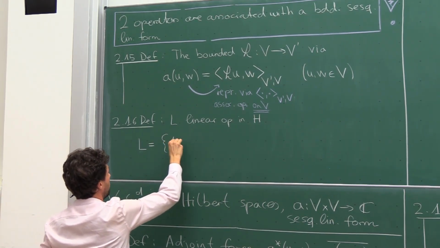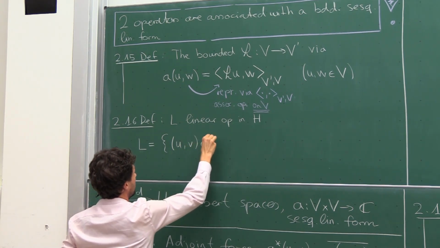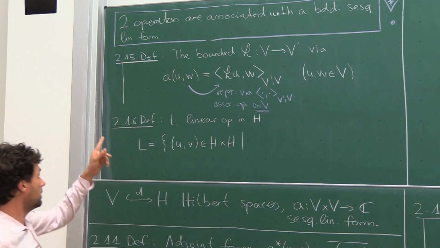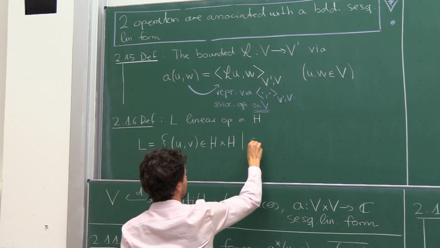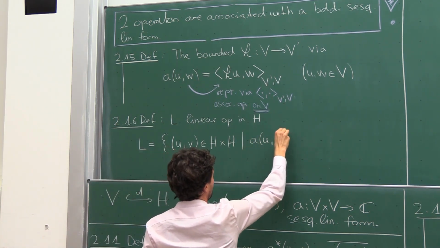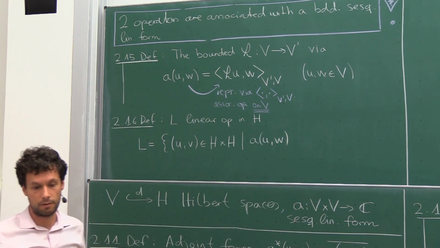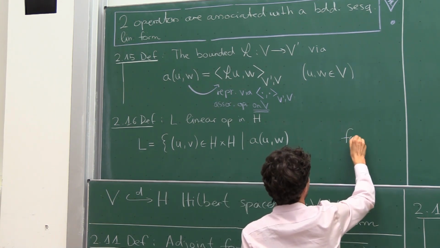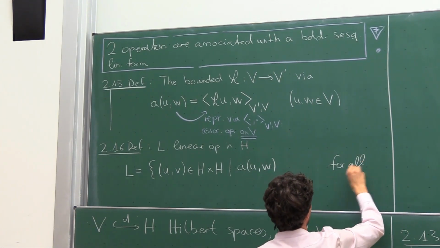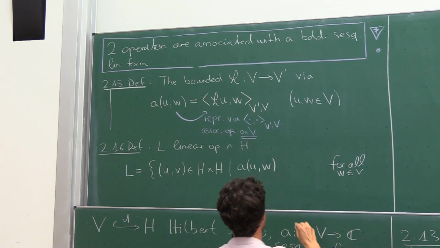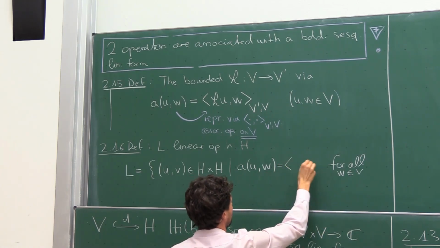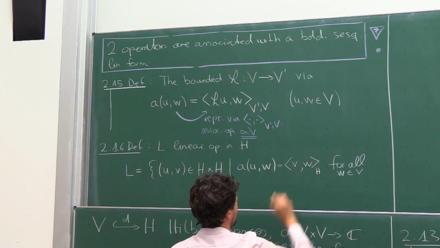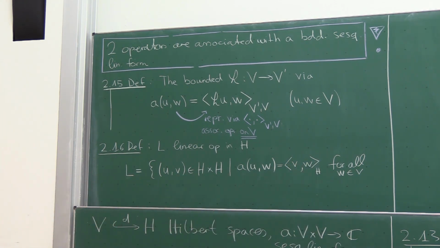This is the pair of all u, v in H cross H with the property that now the sesquilinear form of A of U, W for all W in V is going to be represented by the H inner product using V and W.